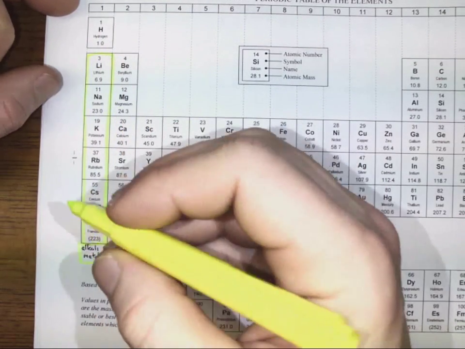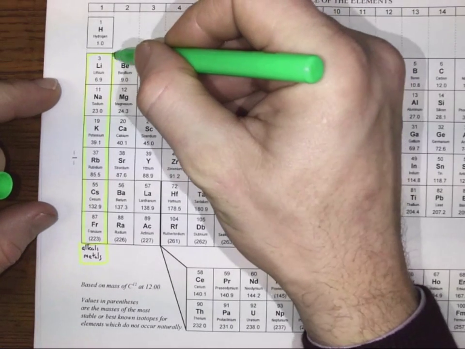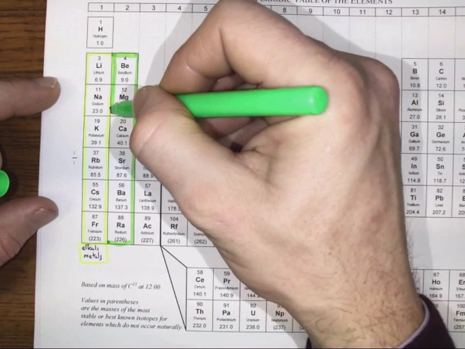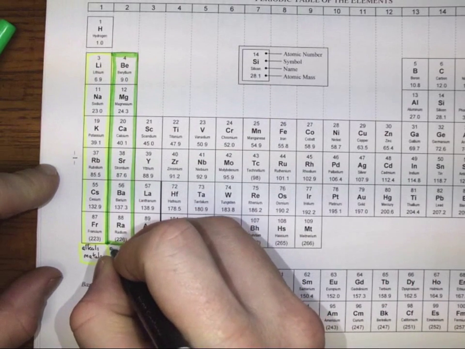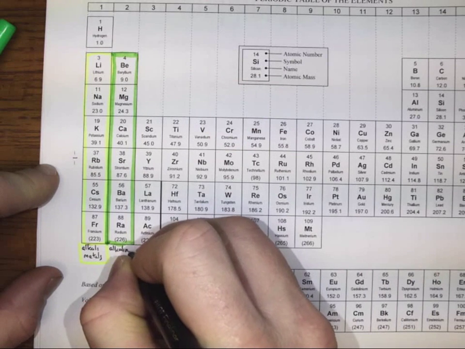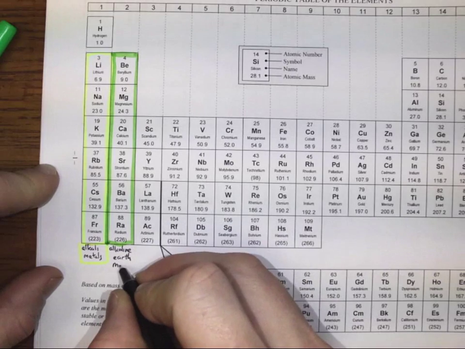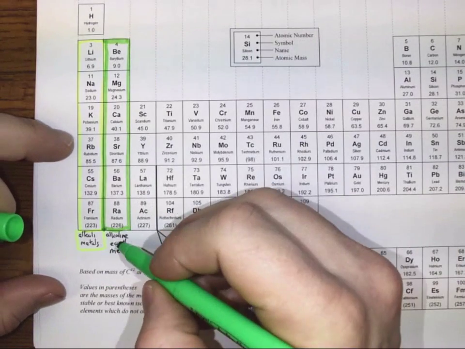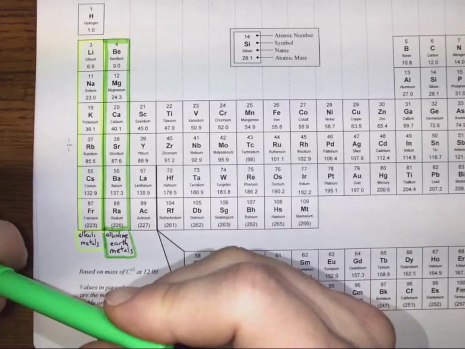And they all are in a group like this because they all have a very similar reactivity pattern. They all react similarly. While we're at it, we'll also talk about these guys, because if you didn't know what the alkali metals are, chances are you also didn't know what this family is called. They're called alkaline earth metals. And those are these guys up here. And that's just some basic chemistry vocabulary, so great. Alkali metals.